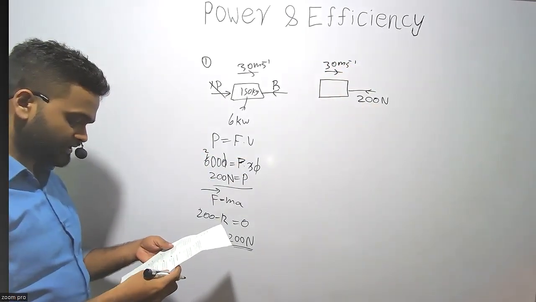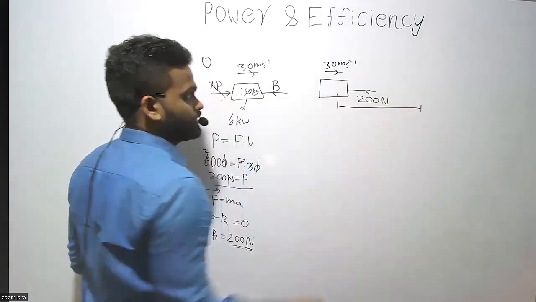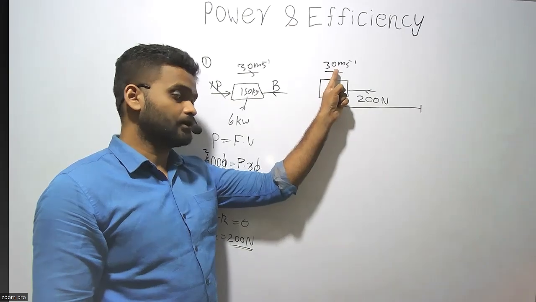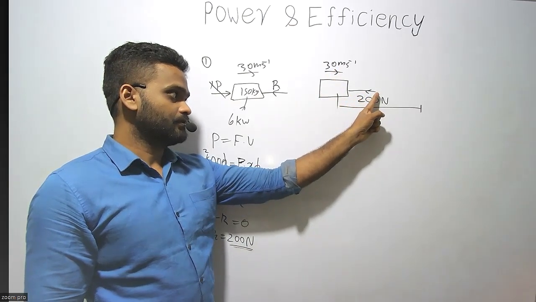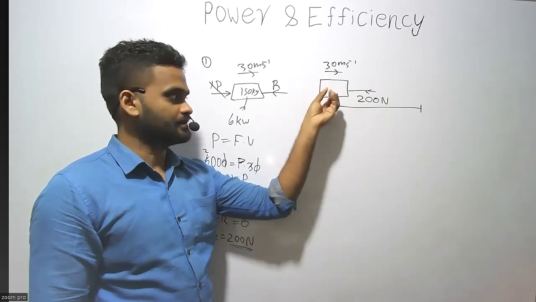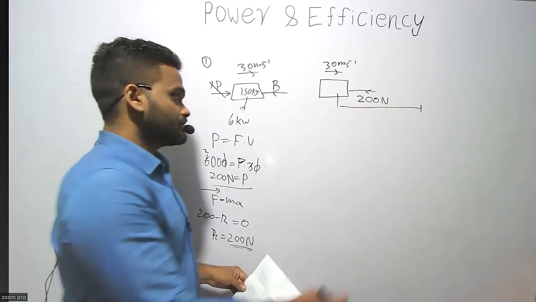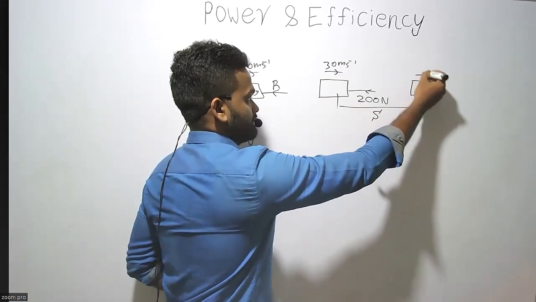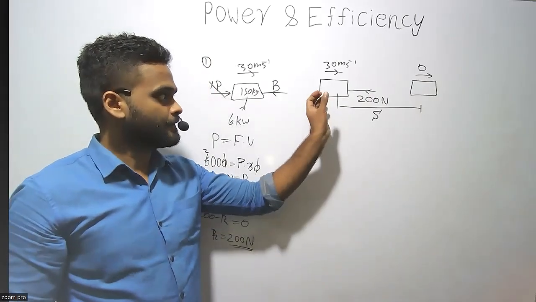So after the engine is switched off, you know this already has a velocity, right? So this resistive force is working in order to stop this one. Now, since the engine is turned off, let's say it moves a distance s and it stops somewhere here, the boat, right?